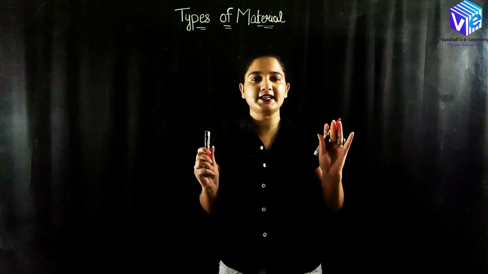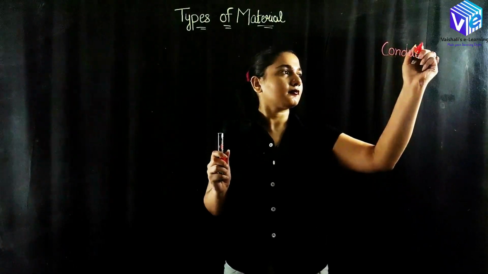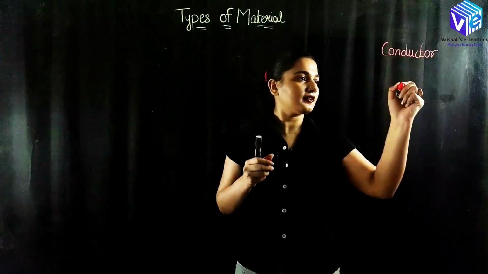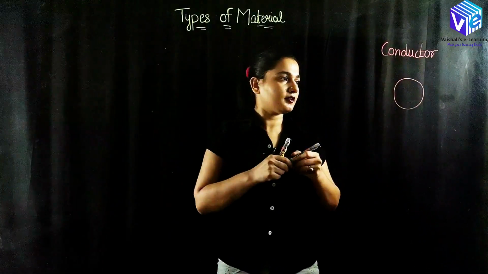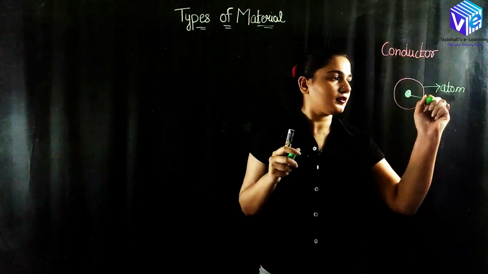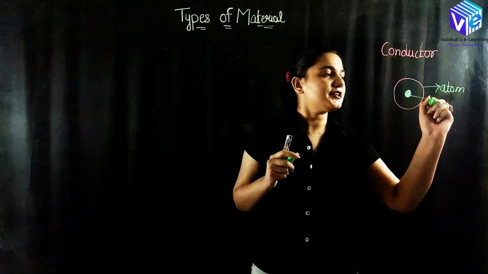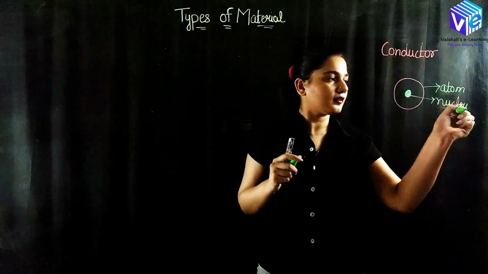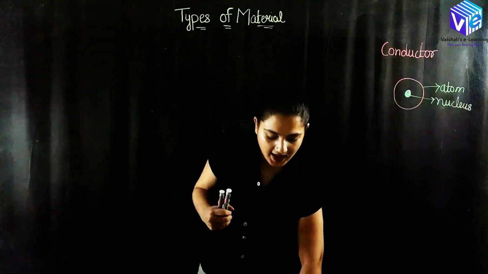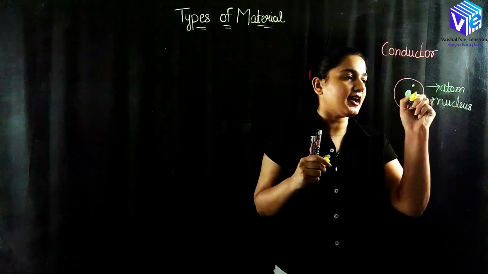So the first type of material is the conductor. Okay, so we have an atom. What is this green portion inside the atom? This is the nucleus. So inside the atom we have the nucleus, and in the various shells we have various electrons present in the atom.